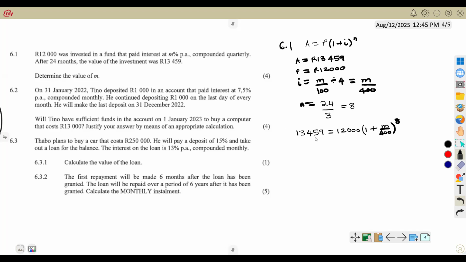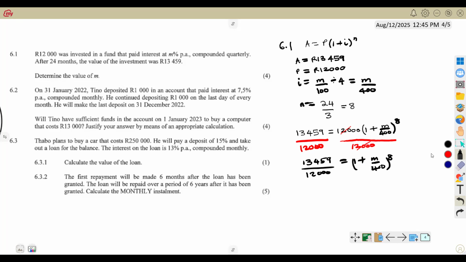To solve that, you need to divide both sides by 12,000. So you are left with 13,459 over 12,000 must be equal to 1 plus m over 400 to the power 8.